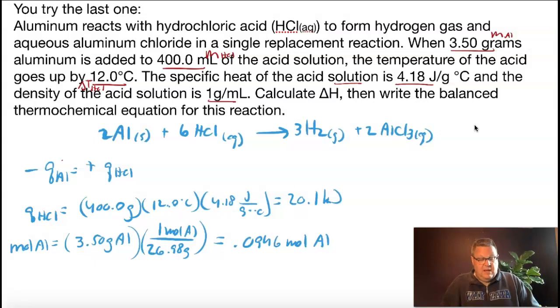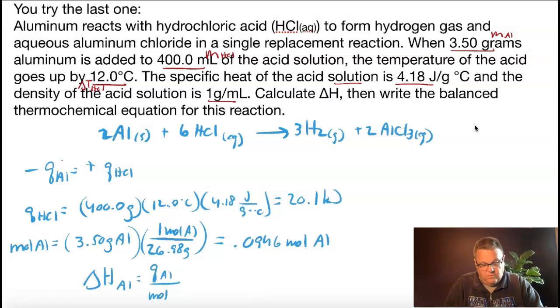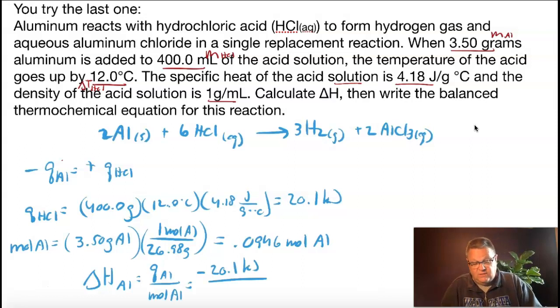All right, we can calculate delta H of our system, aluminum, is Q aluminum over moles of aluminum. Q aluminum is negative 20.1 kilojoules because QHCl is positive 20.1. And we assume that we lose no heat.